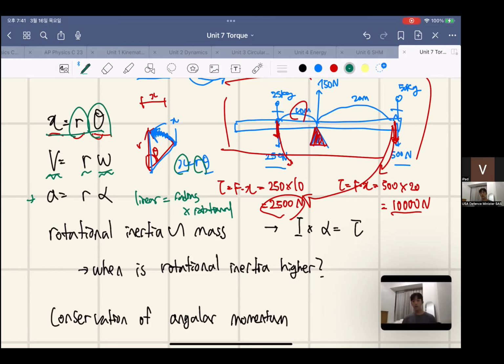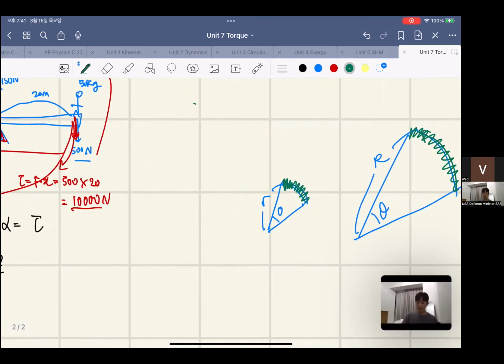So I want you guys to understand this relationship. If you want to switch one term in linear concept to angular concept, then what you simply have to do is multiply r, or radius, to the angular concept. Then you can get the linear variable. So once again, theta is the angle that you rotated.